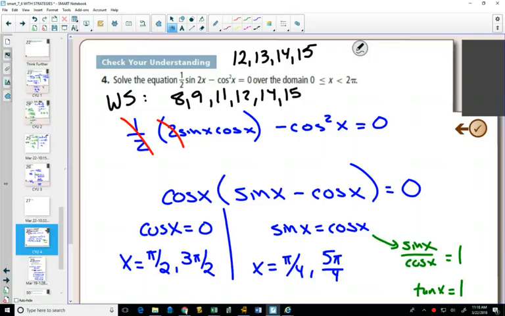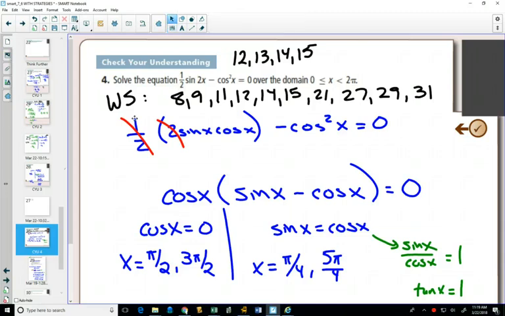Which is kind of confusing because on the back side I have some that are already circled, but those aren't the ones we're going to do. 21, 27, 29, and 31. So either do the ones out of the textbook first or the ones on the worksheet, and we are going to be solving these equations for at least the next 25 minutes.